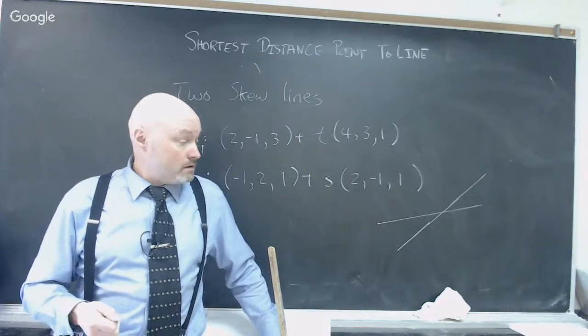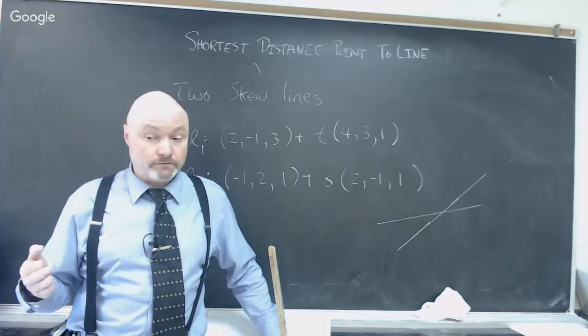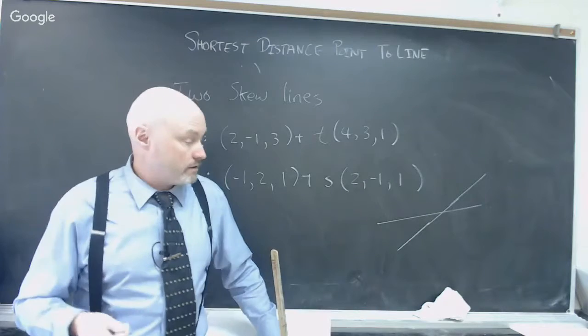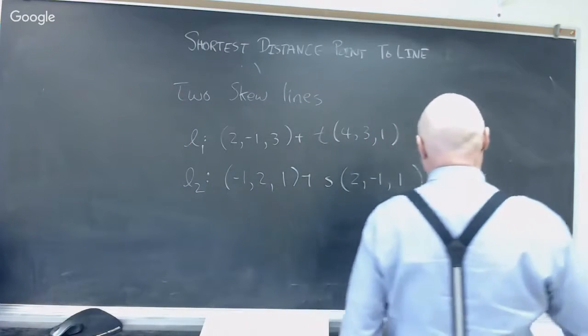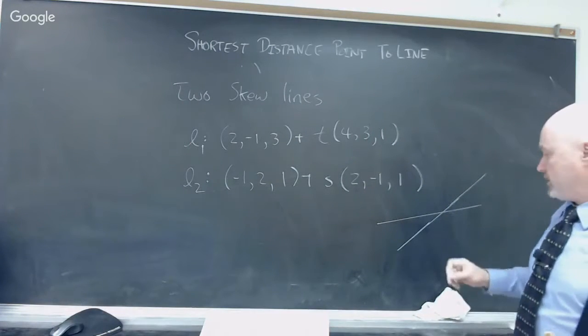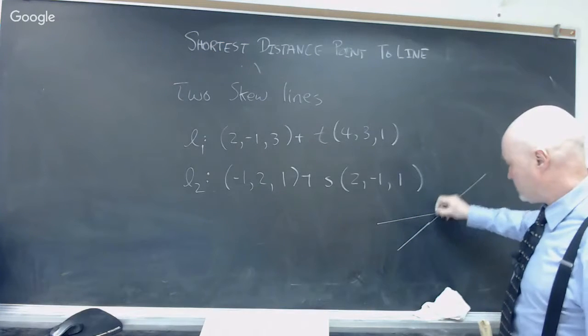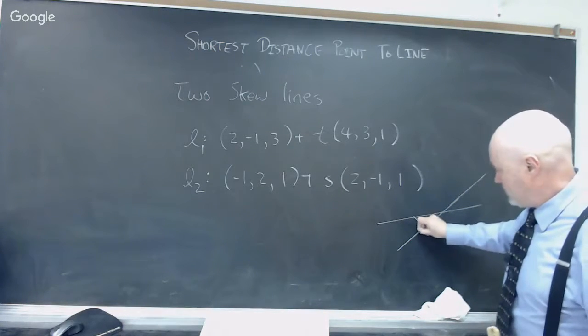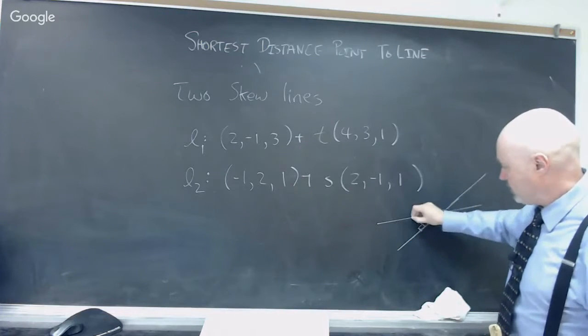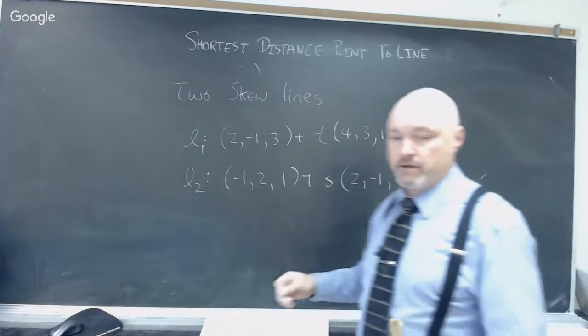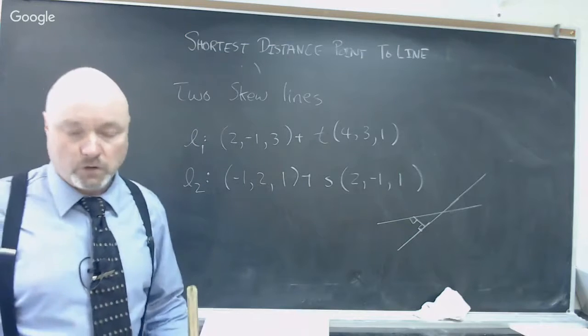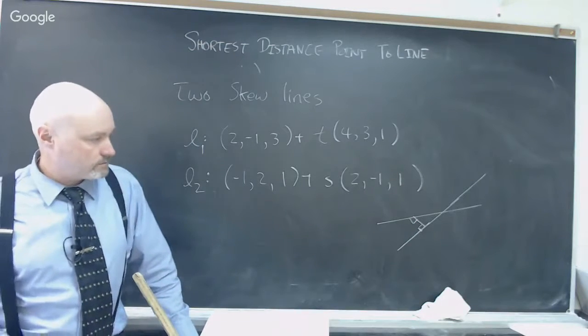Now, the trick here is to find the one unique vector that is perpendicular to both of these. Somewhere in here, there's going to be a line that connects, or a normal vector that is perpendicular to both, and it's fairly unique.